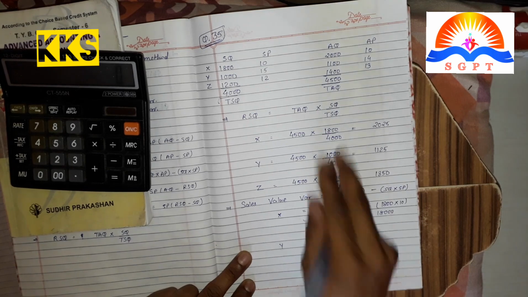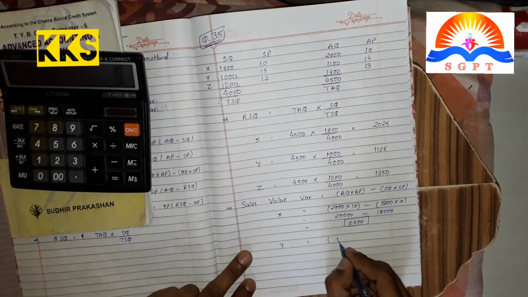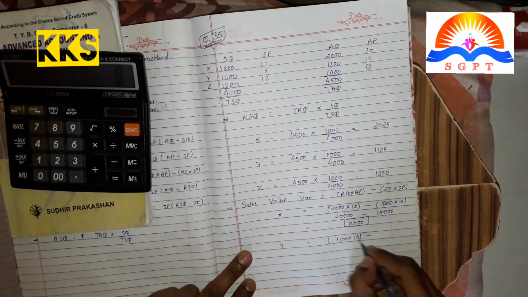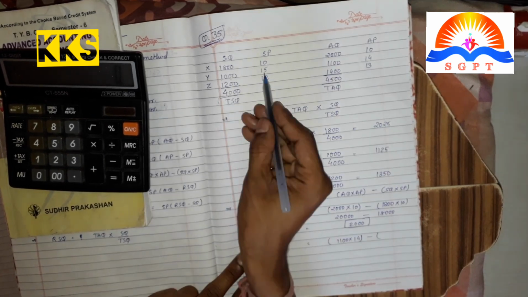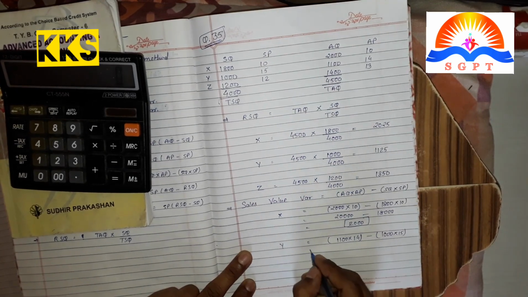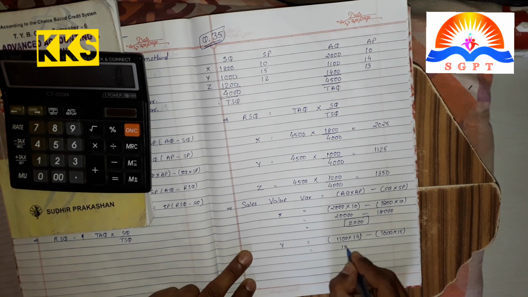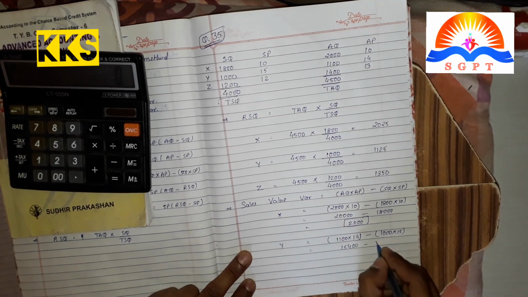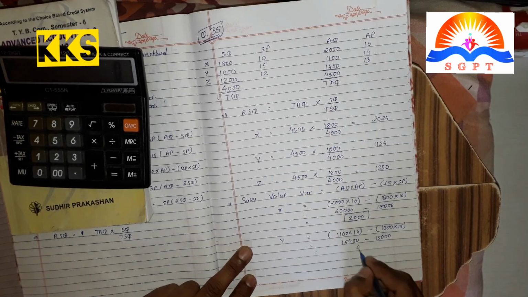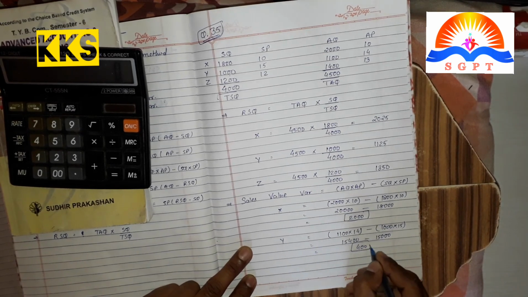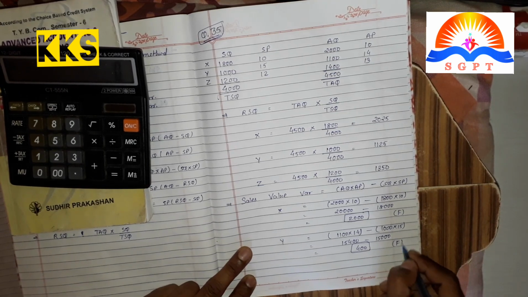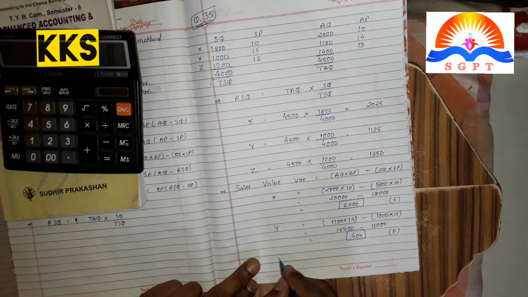Y: 1100 into 14 minus 1000 into 15. 15,400 minus 15,000, you will get 400. Both are positive, so put F.